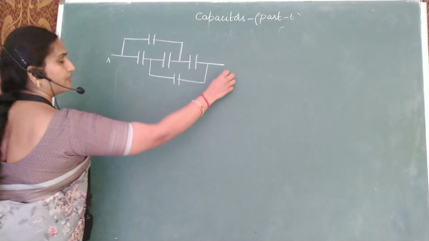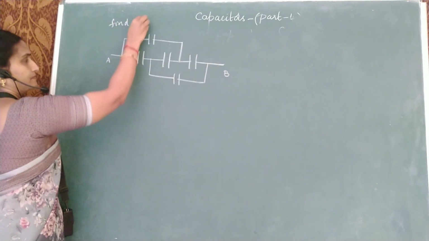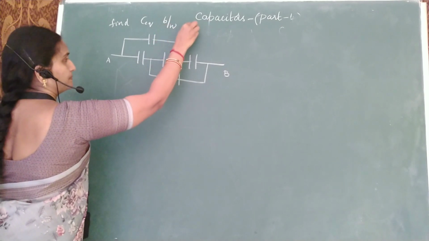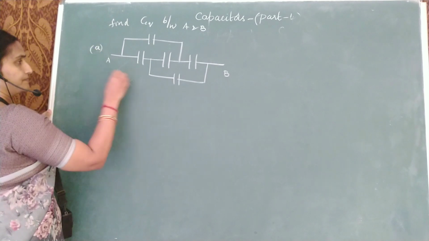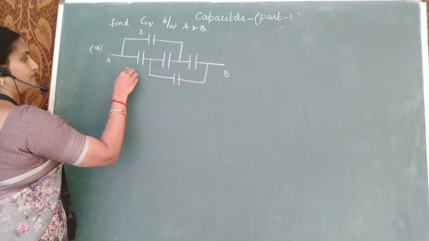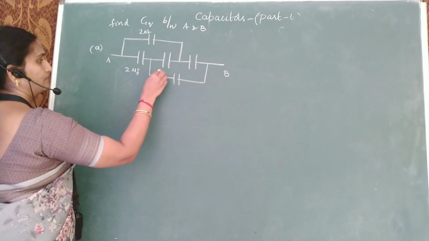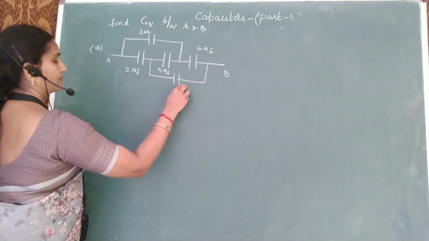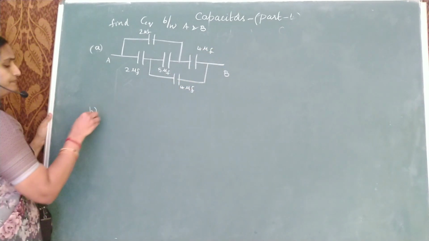Okay, find out the equivalent capacitance between A and B for these given circuits. Okay, one more question I will give you.